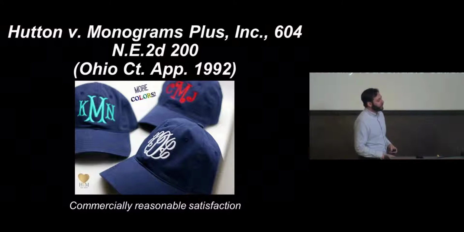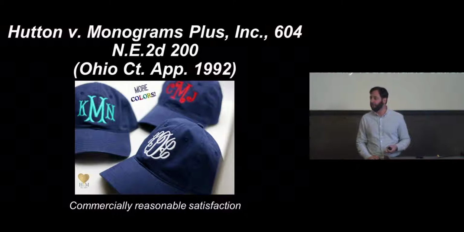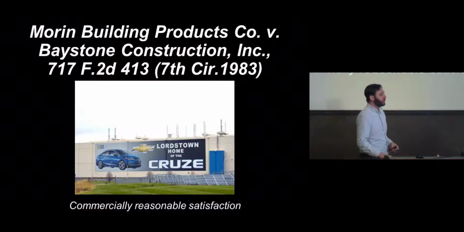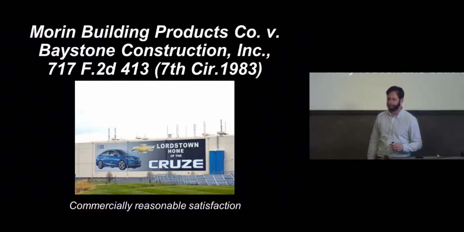We saw this in two cases. We saw in Hutton v. Monogram Plus whether a party was satisfied with terms of a financing on a monogram machine. It was a commercial matter. Whether they were satisfied or not was an objective standard based on what was commercially reasonable. We saw the same in Moore and Building. And in Moore and Building, it was even more compelling because that contract actually said artistic satisfaction.